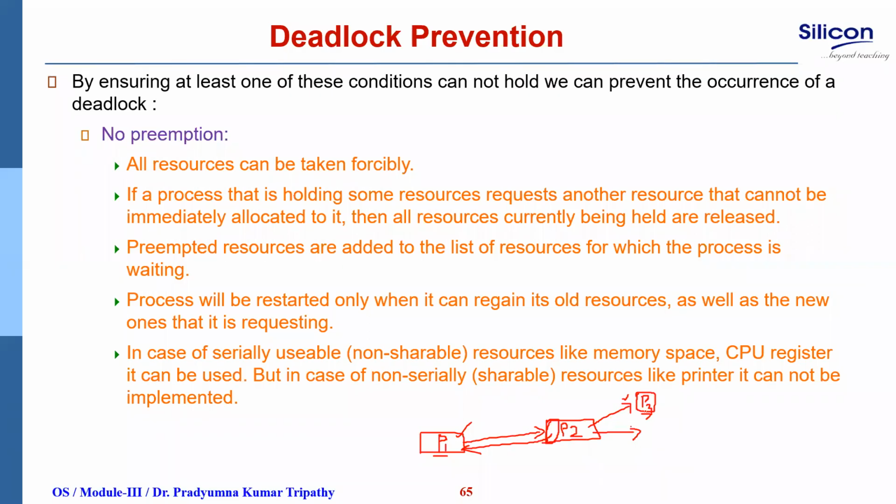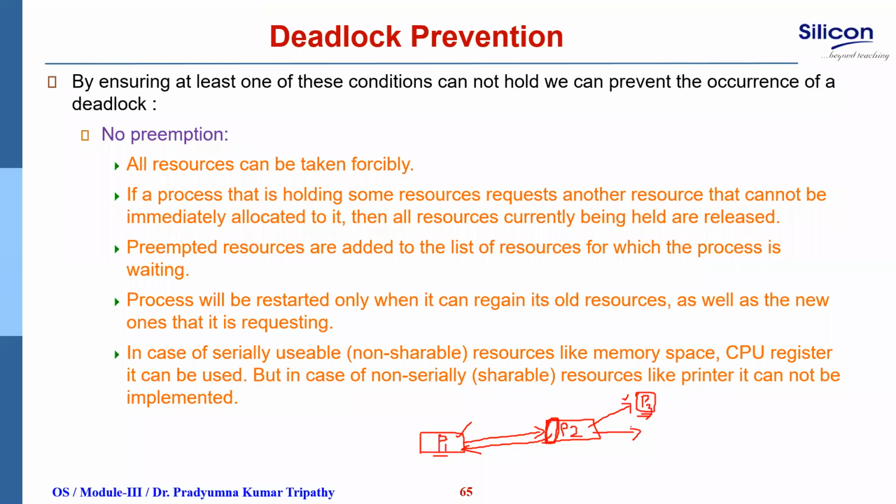But if they are also held by another process, P3, then the resources currently held by P2 are given to P1 so that P1 can continue its execution. So we can preempt those resources from P2 and give them to P1. Okay. So this is the way the no preemption condition can be avoided.